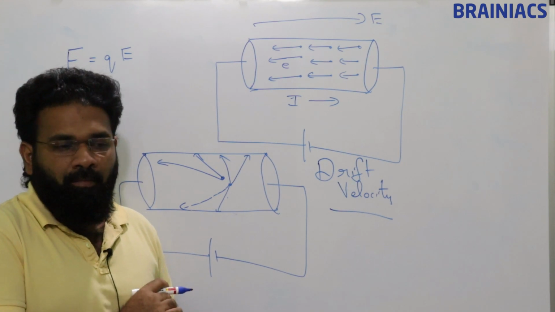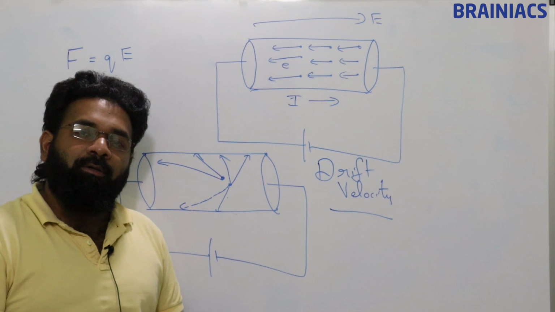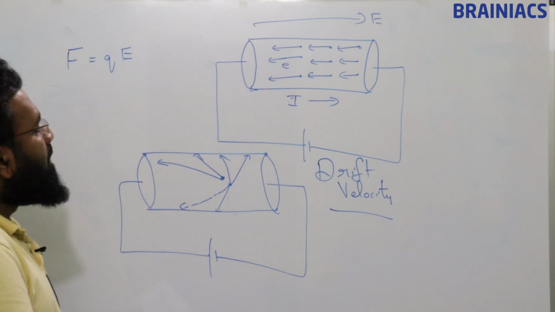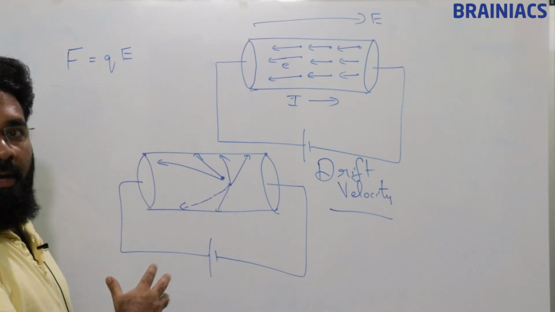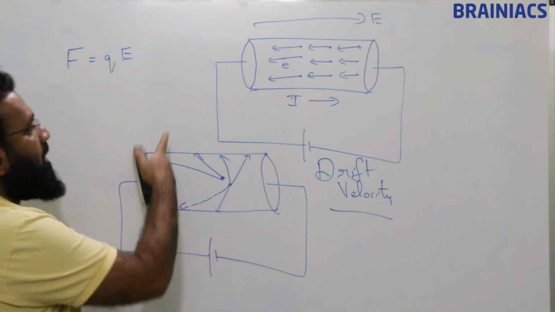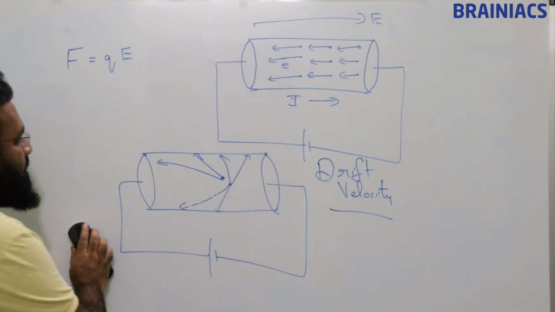Is drift velocity a variable velocity or what? Okay, we will see how this force is influencing the movement of electrons.